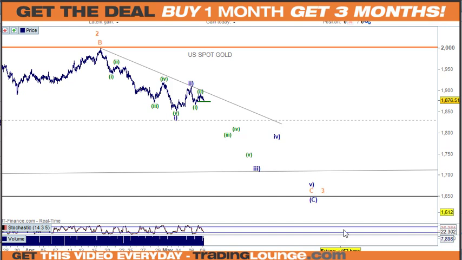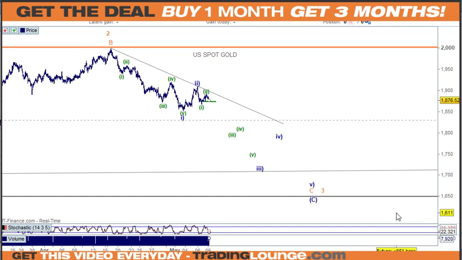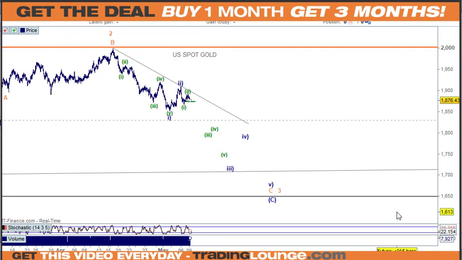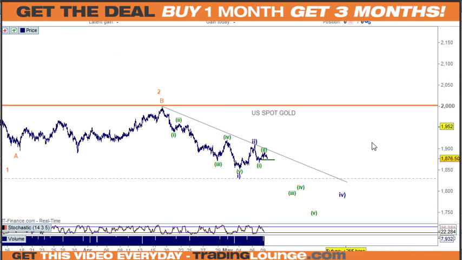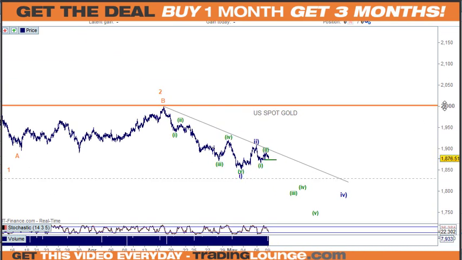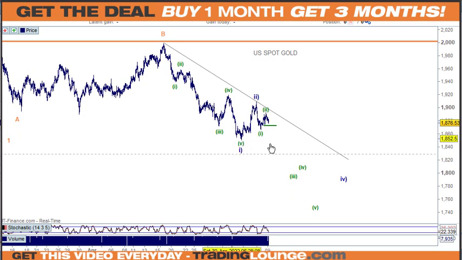But we also need to consider that being wave 3 there as well, with a 4 and a 5 to finish it off. So yeah, just unfortunate, but let's see how this goes. Basically, if it breaks down through here, then I know that I'm right at that point.